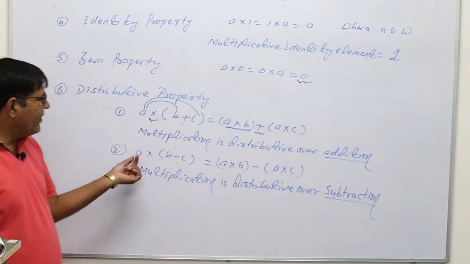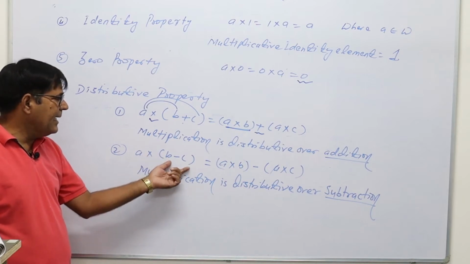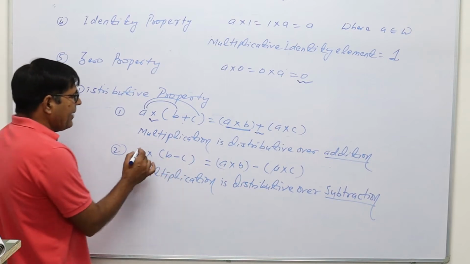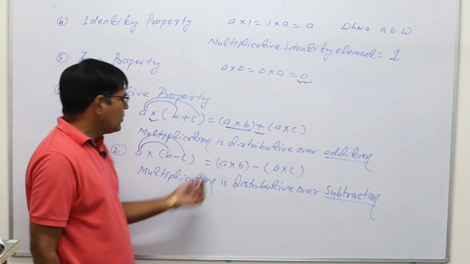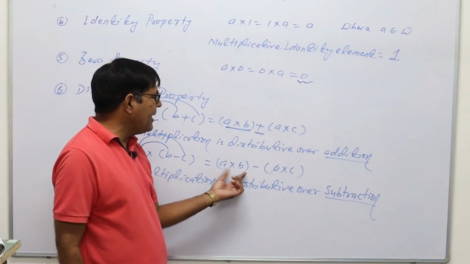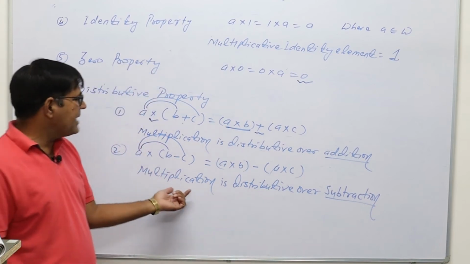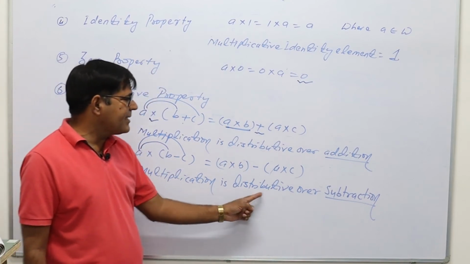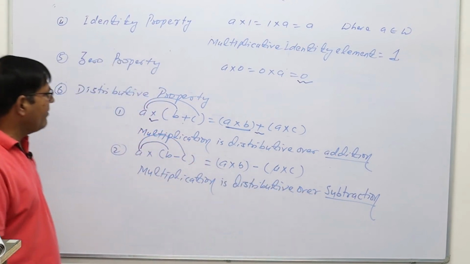Now, similarly, if we have to find the product of A multiplied by B minus C, then A multiplied by B minus C is A multiplied by B minus A multiplied by C, and this is known as multiplication is distributive over subtraction. So, two properties we discussed.